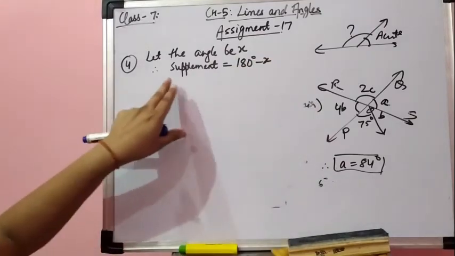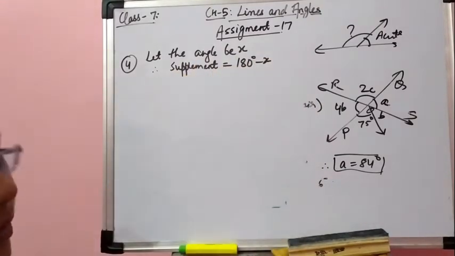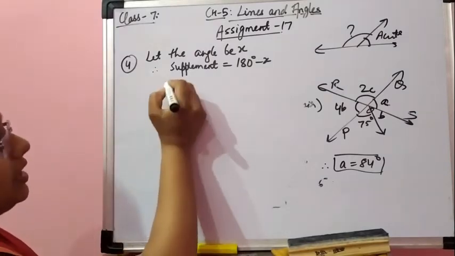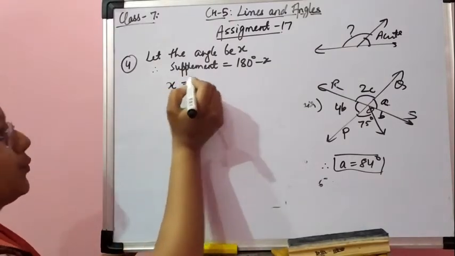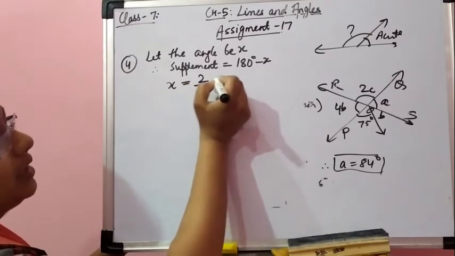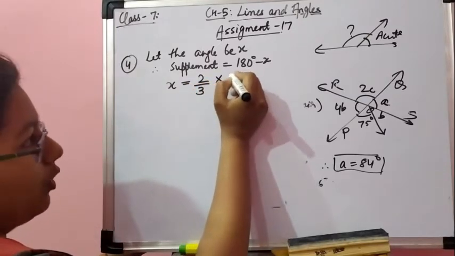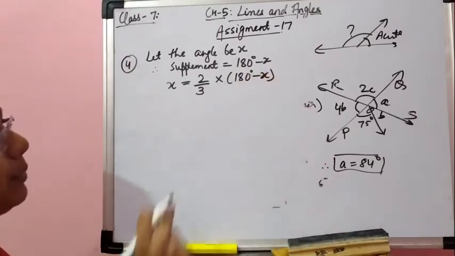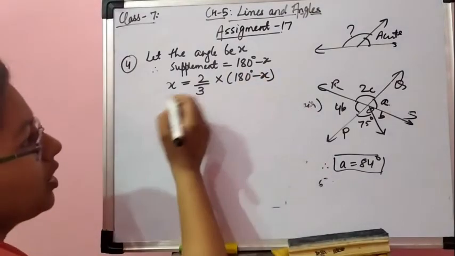Okay. If angle is x, then supplement will be 180 degree minus x. Now what is the condition? The angle is 2/3 of its supplement.